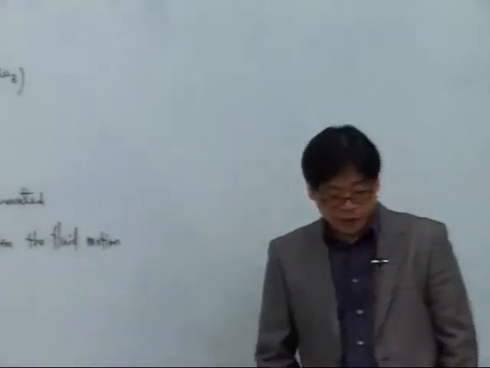So at t equal to 0, the fluid is at rest. Since the fluid is not moving, velocity is 0. And therefore, when I take the curl of velocity, which is 0, the curl of velocity is 0 as well. So I have zero vorticity initially. Then the vorticity can be generated at a boundary.